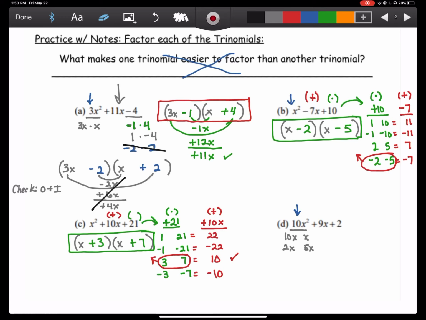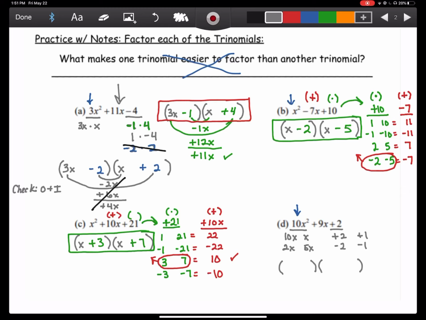So let's come over to the positive 2. Luckily, the positive 2 only has positive 2 and positive 1, or negative 2 and negative 1. Okay, so now we're ready to start thinking about binomial times binomial.